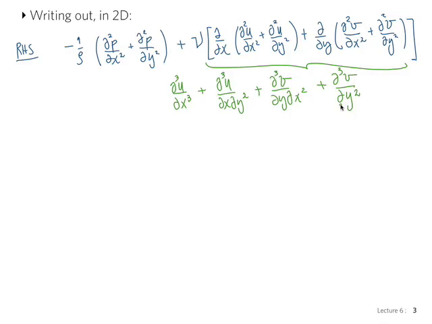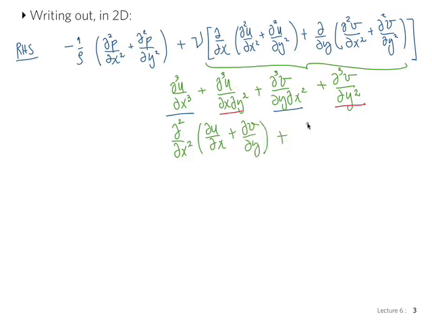Okay, so now I'm going to combine this one with this one and this one with this one, and I'm going to have the second partial with respect to x, you see I have here, and this one is going to be du dx, and this one's going to be dv dy.